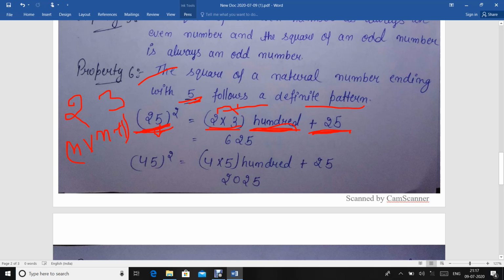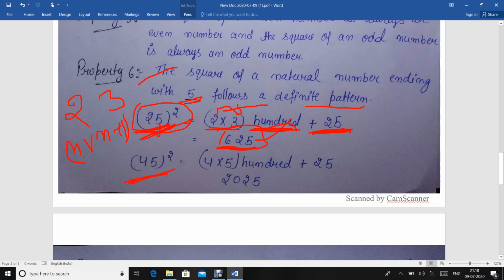So 2 3s are 6. 6 will come at 100th place, and here is 25. So 25 will come here. So now the square of 25 is 625. Now you can do the square of 25, means you can multiply 25 by 25. You will get 625.